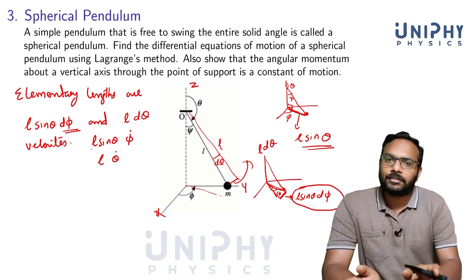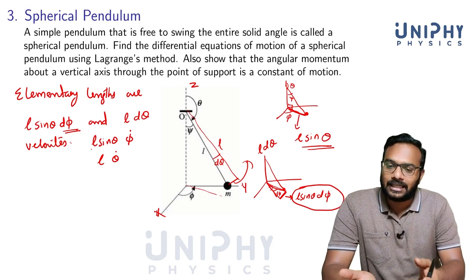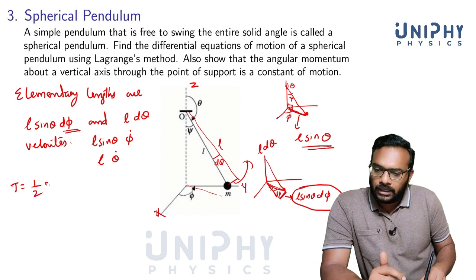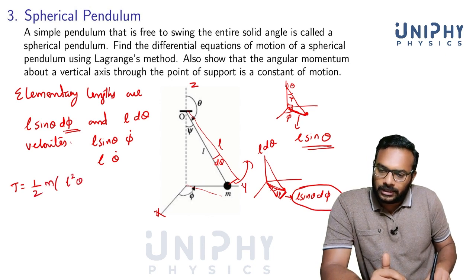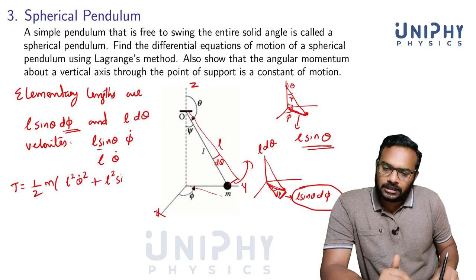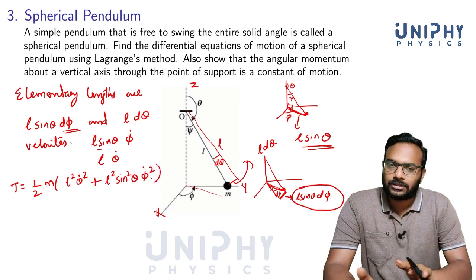That's enough for us to identify the kinetic energy. T is equal to half m L square theta dot square, plus L square sine square theta phi dot square. That's not very difficult.